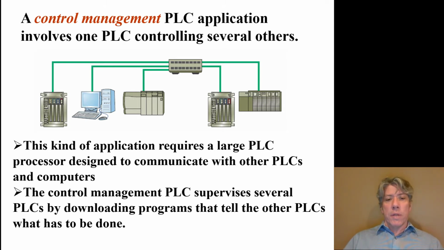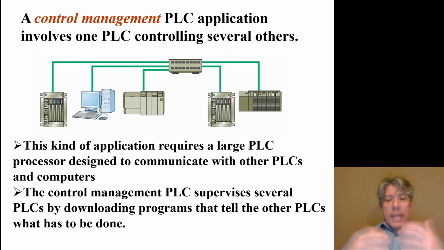Its processor runs fast. And basically it supervises other PLCs, tells them what has to be done, when to go. Maybe you have one PLC that controls just a small machine, and other machines being controlled by other PLCs, but one master PLC that tells all those slave PLCs, if you will, what to do, when to do things, and how to work together.